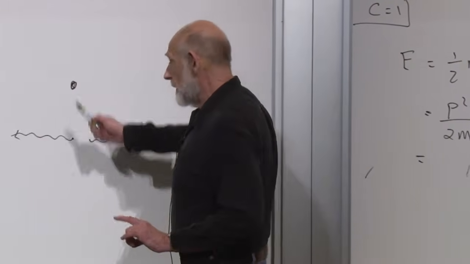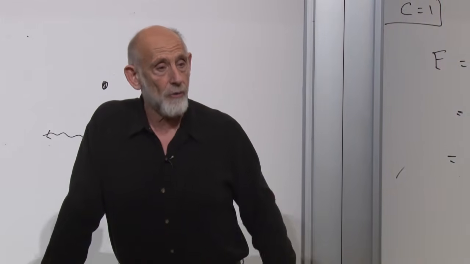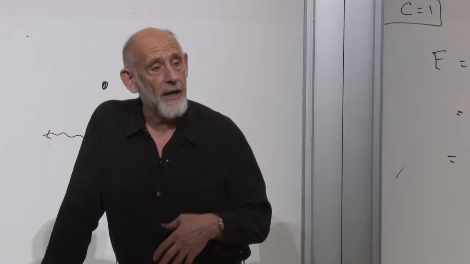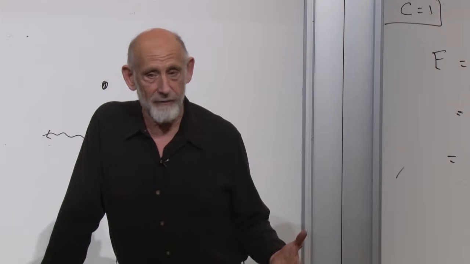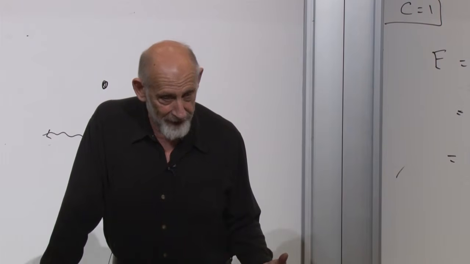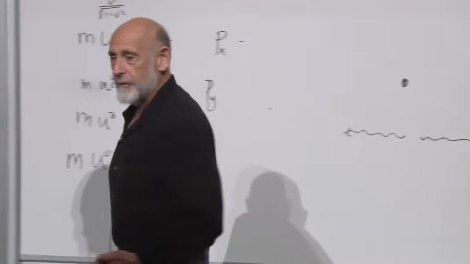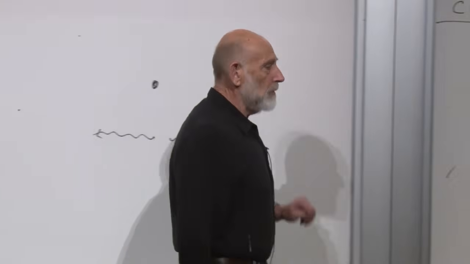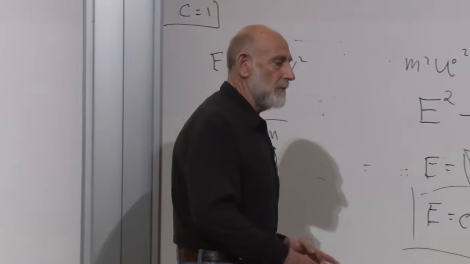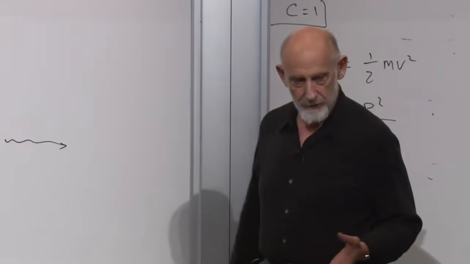Let's assume that the positronium atom, the positronium particle, is at rest in our frame of reference. If it's not at rest in your frame of reference, just move your butt and get into the frame in which it is at rest. Okay? Right. So it's at rest. What's its momentum if it's at rest? 0. So the total momentum of the system to begin with is 0. Now it decays to 2 photons.